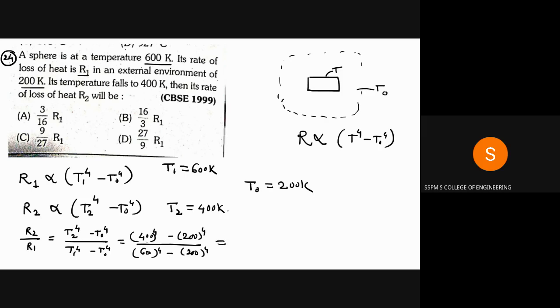Now to simplify this, we can write 400 as 4 into 10 square, 400 minus 200 will be 2 into 10 square, and 600 is 6 into 10 square.